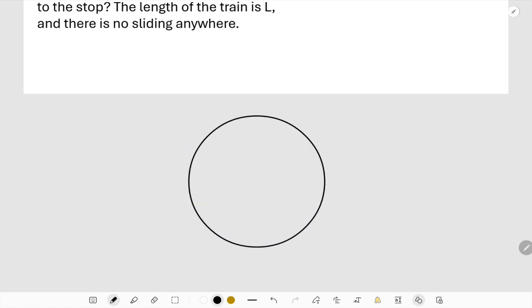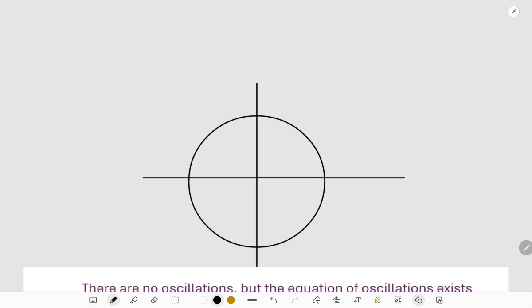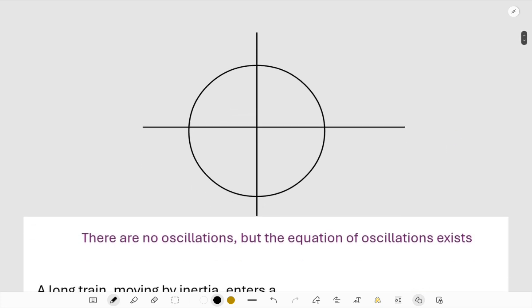So I'm drawing a circle here, and you can see that there is a circle and it's completed now. Suppose that the radius of this circle is a, and some object is moving with constant speed v naught, and its angular velocity is omega.